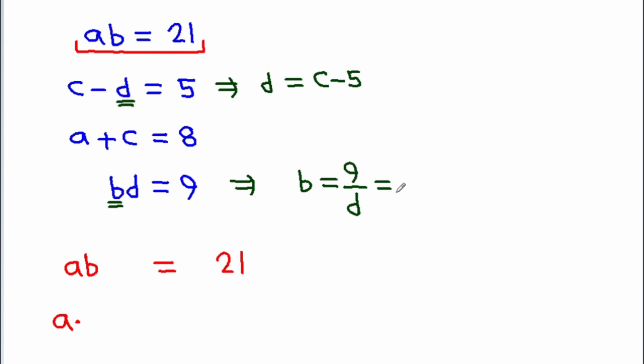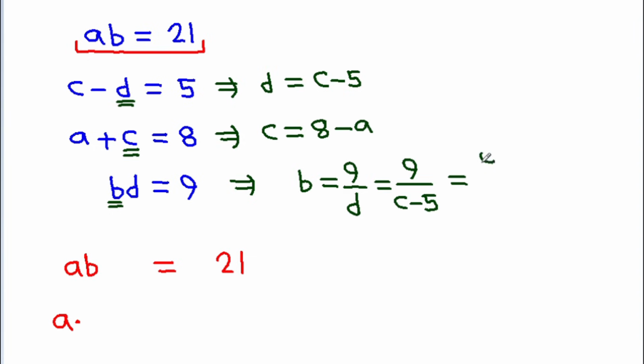So B will be 9 divided by C minus 5. And again here we have C and we can get C is 8 minus A.